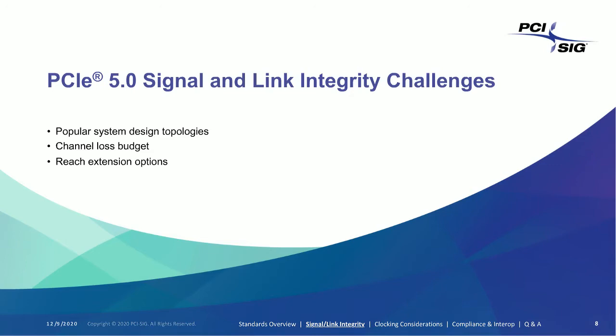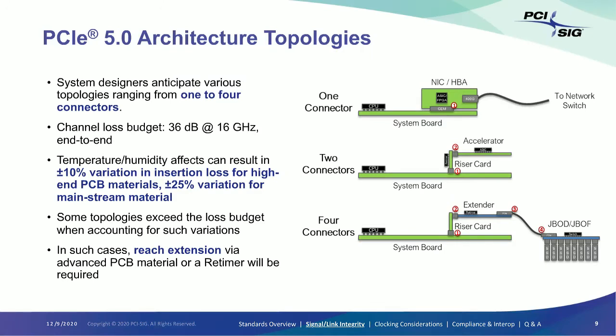Okay, moving on to signal integrity and link integrity challenges unique to Gen 5. If we look at the different system topologies, there are many different kinds of topologies for PCI Express. You can think of servers and storage boxes and GPU trays and things like that.